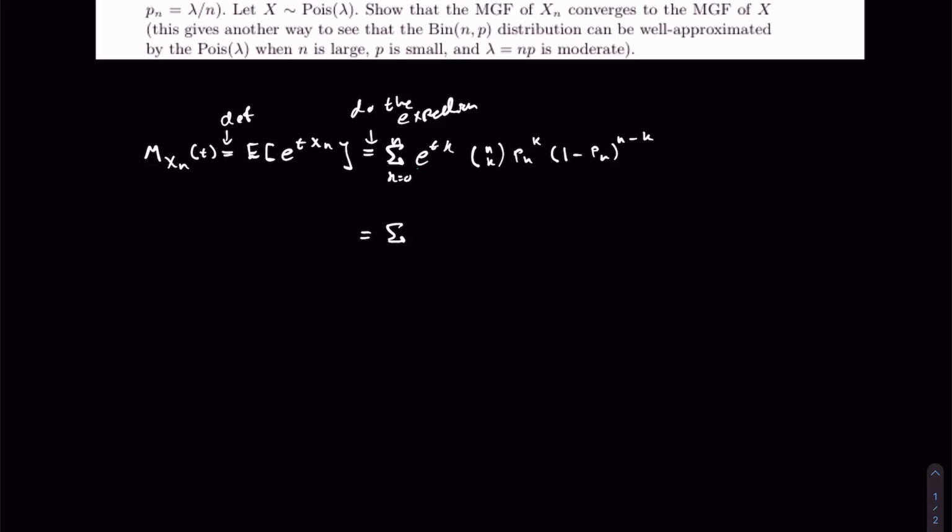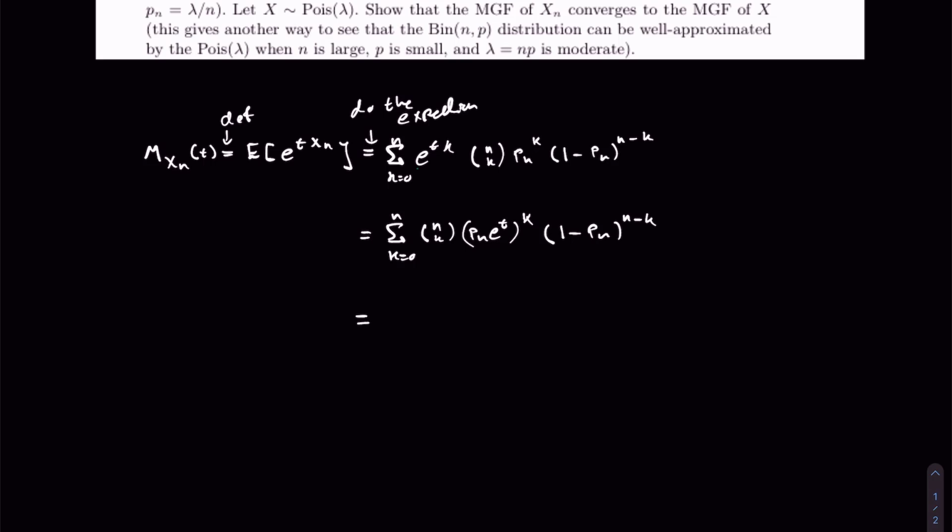We get the sum of n choose k, times Pn e to the t, to the power of k, times 1 minus Pn to the n minus k.